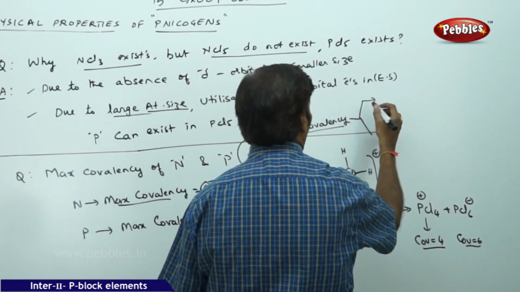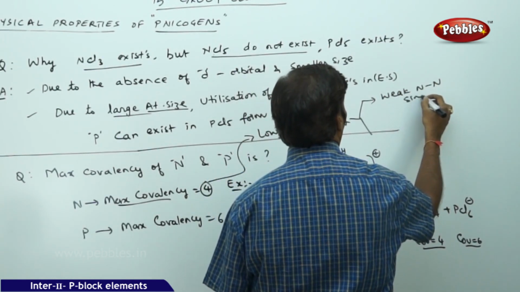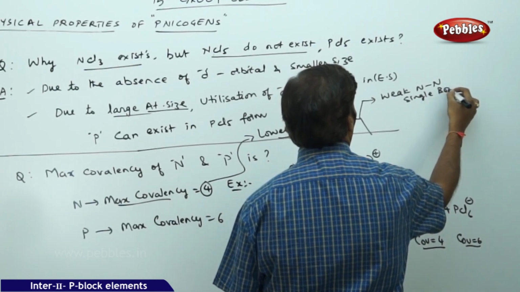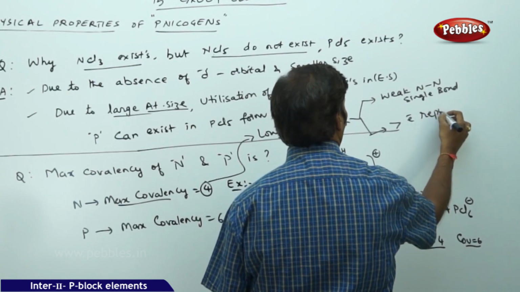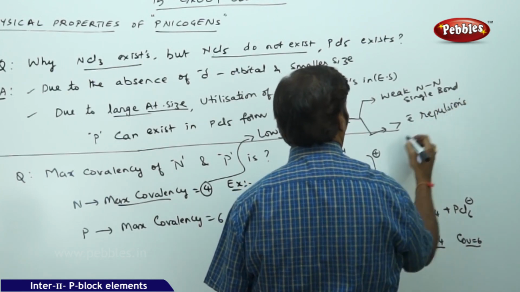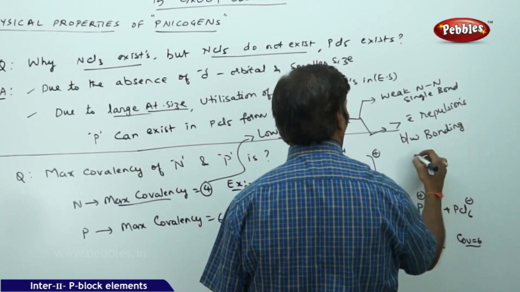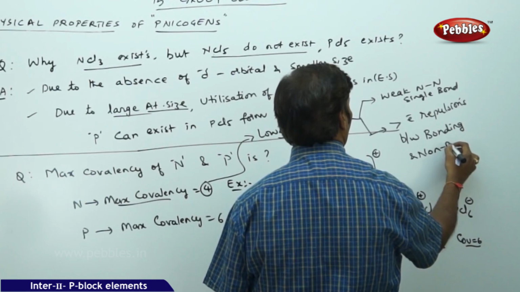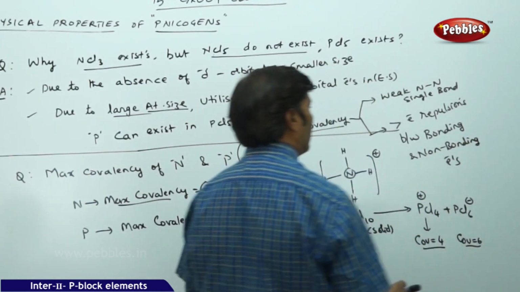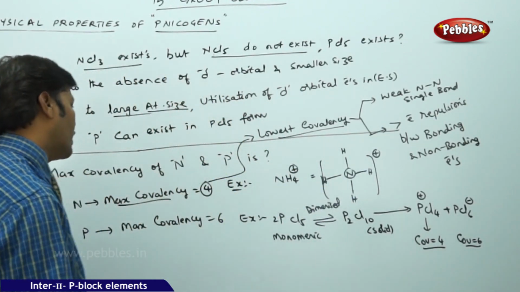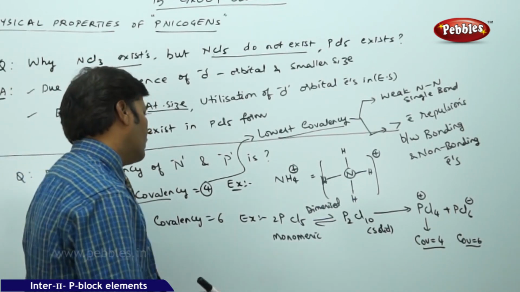One is that it has a weak nitrogen to nitrogen single bond, and another reason is greater electron repulsions between bonding and non-bonding electrons. The maximum covalency of nitrogen is restricted only up to 4.